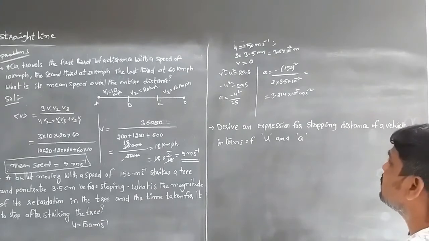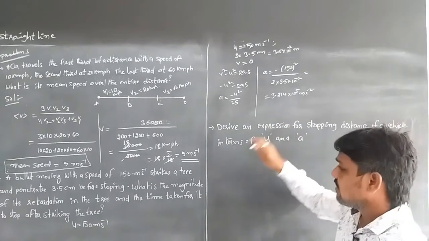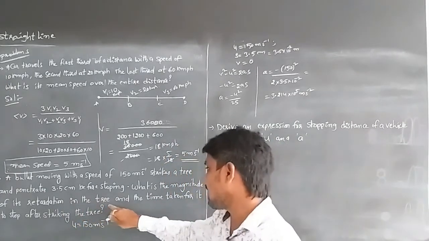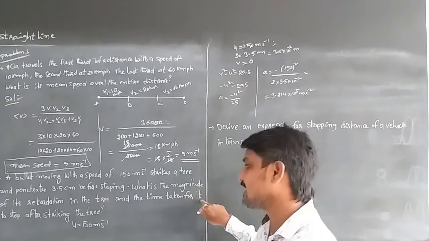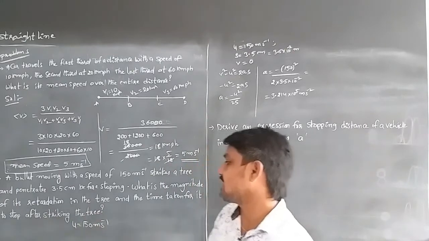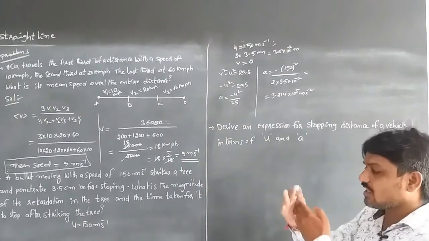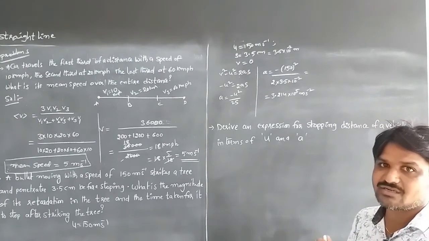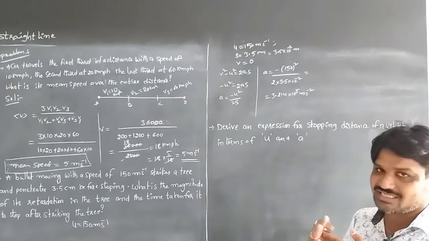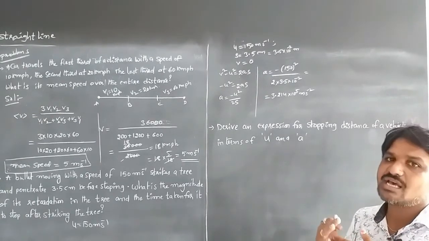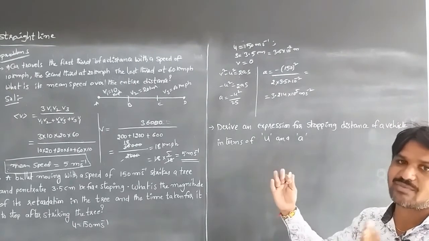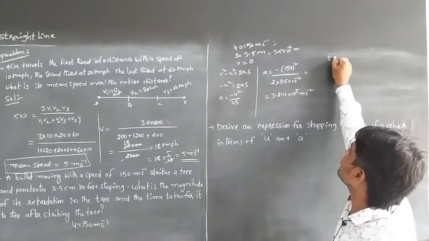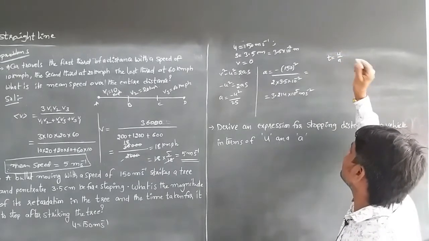Then he asked for another one also: what is the time taken for it to stop after striking the tree? That is, whenever it penetrates the tree, retardation starts, then what is the time taken by the body to stop? Here the time is equal to u by a, which is the formula we have.